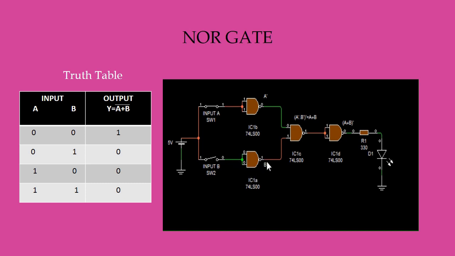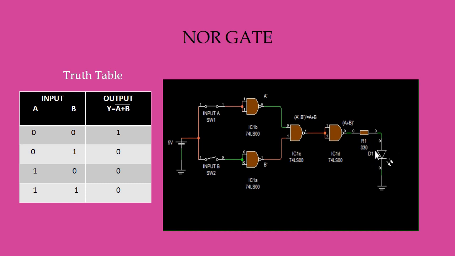So here we get 1. This 0 and 1 is connected with this NAND gate circuit. So from here we get 1 output, and this 1 output is passing through this inverter circuit. So here we get 0 output. So 0 output is shown in this LED display, that is, the LED is in off condition.